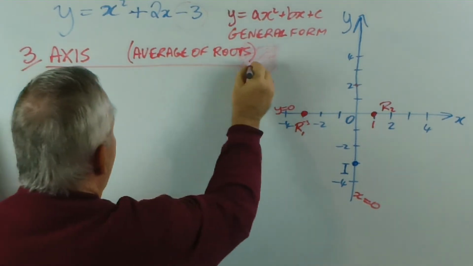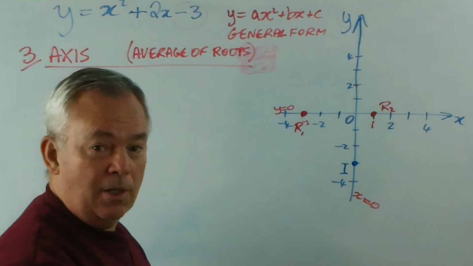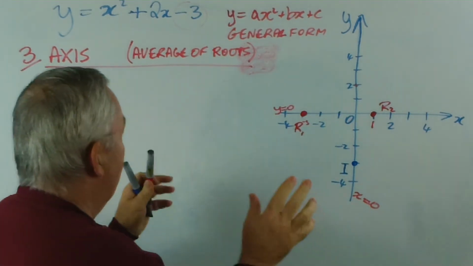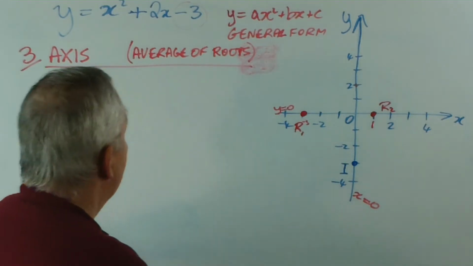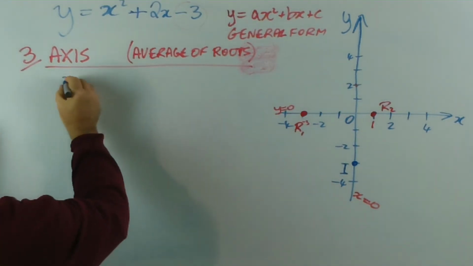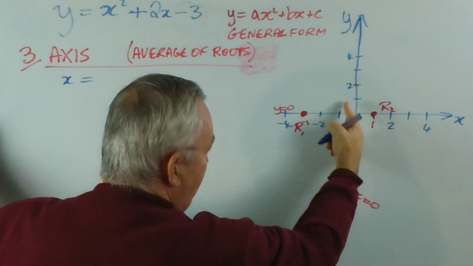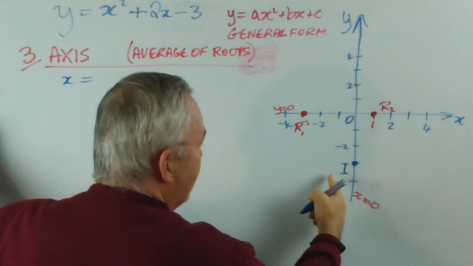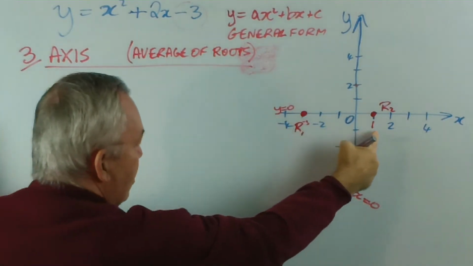So there's my 3rd heading. We're going to find the axis, and that's how we're going to find it this time. And when I create a video later, I'll be explaining the 3 different ways of finding an axis. But for the moment, it's very, very easy here. The axis is going to be a vertical line cutting the x-axis, and its position is going to be the average of -3 and +1.